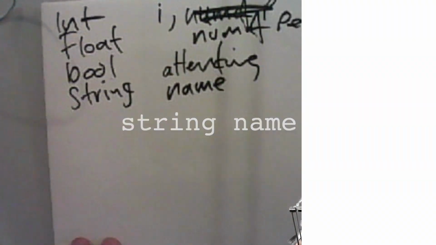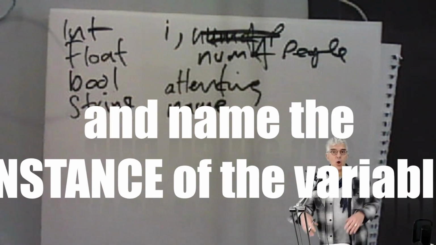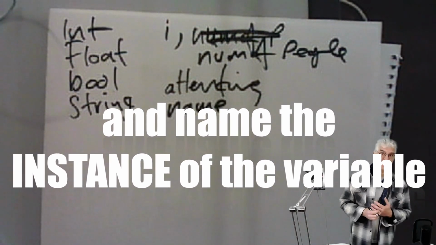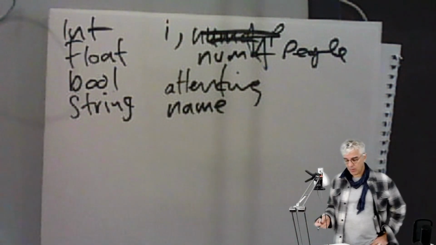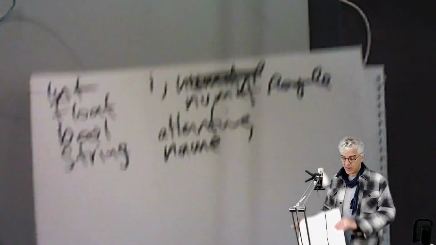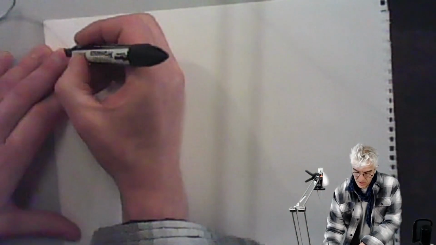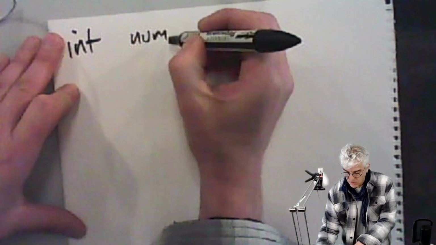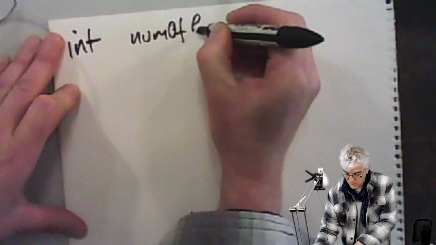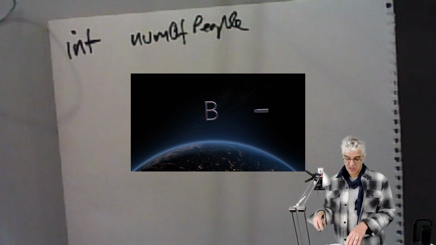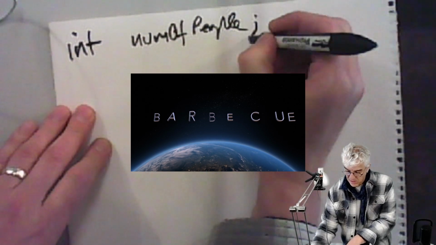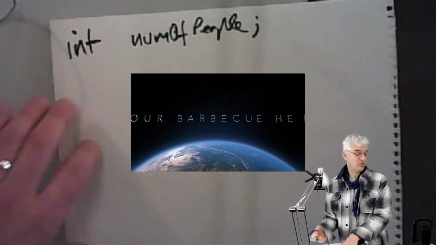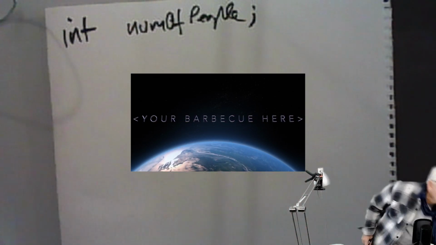Now, I've got all of these different things. What I might want to do is be able to count through them. So if I were making a barbecue and I know that I have, let's say, integer number of people coming to my barbecue, I could say I declare it, so now that exists as a useful box for me to put things into.